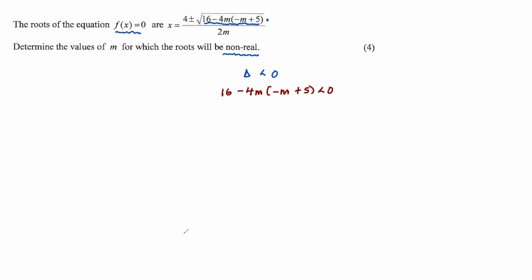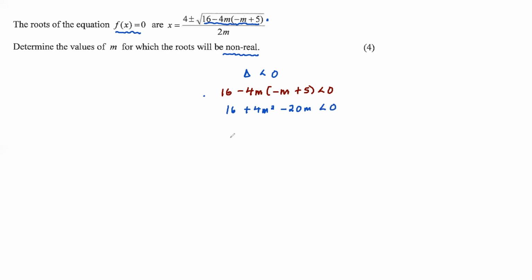The discriminant is less than 0. We now solve for m. The rest is basically algebra. So we go 16 plus 4m squared minus 20m less than 0.